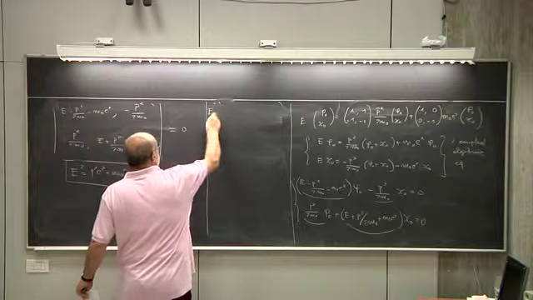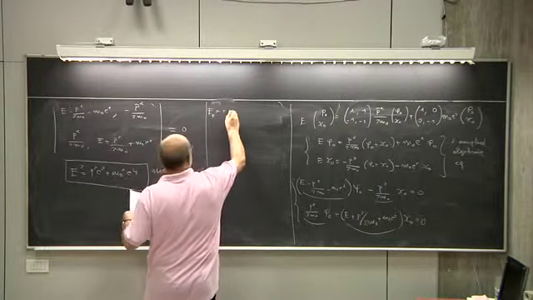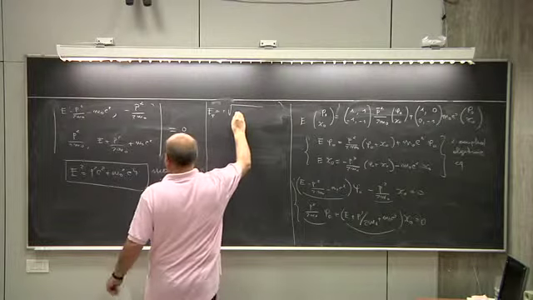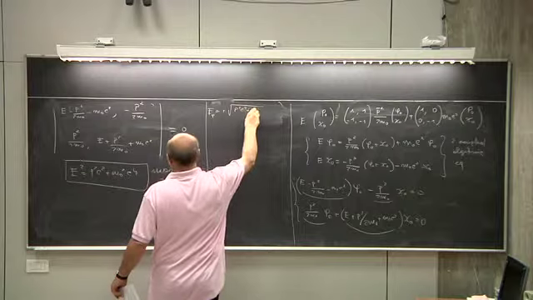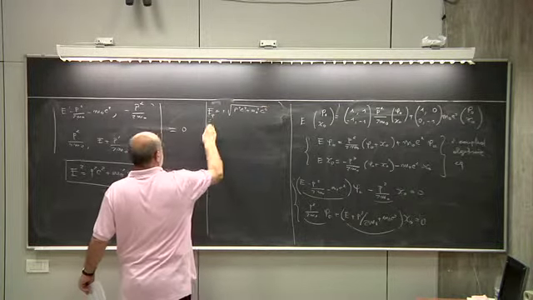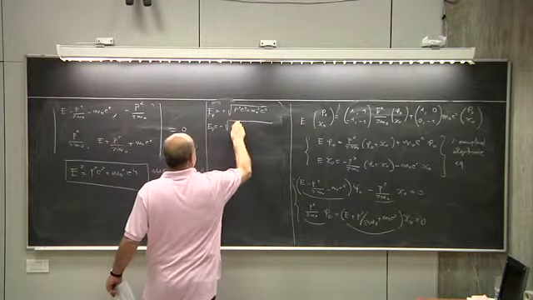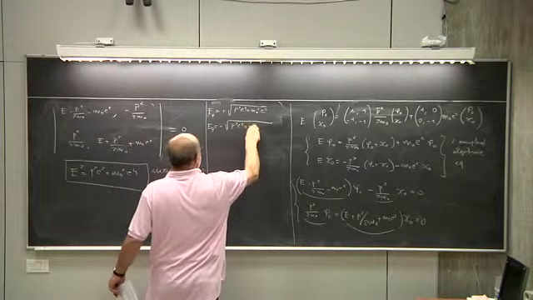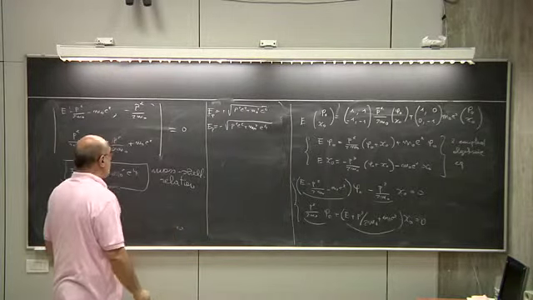One is E_P equal to plus the square root of p square c square plus m0 square c to the 4, and this is the first solution. The other solution is E_P minus the square root of p square c square plus m0 square c to the 4. So there are two cases.